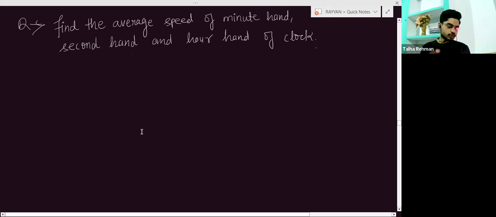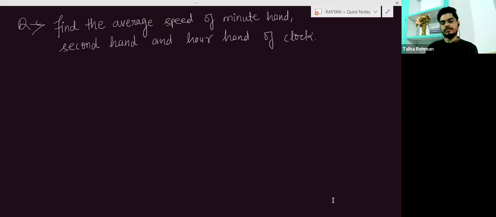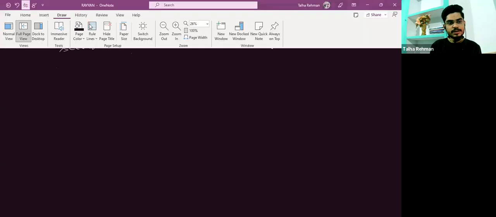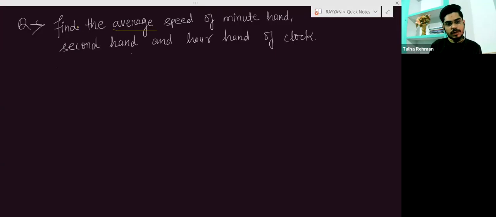You should know the formula. You will apply the same formula again. This time I am asking average speed. So for average speed, what is the formula? Total distance divided by total time.